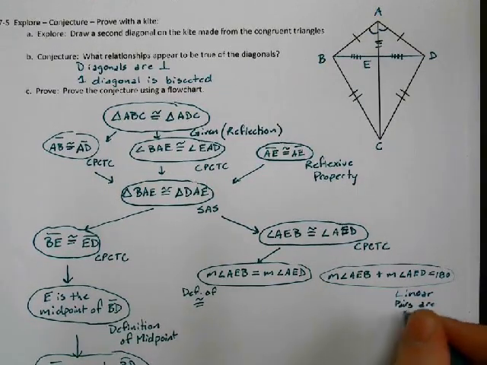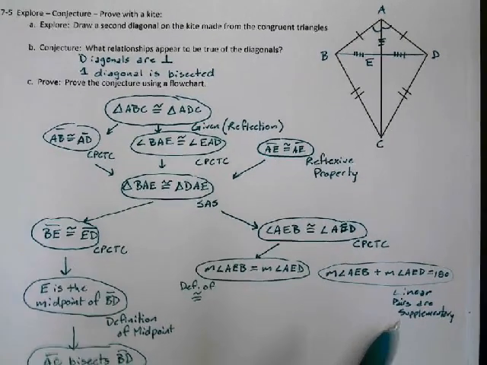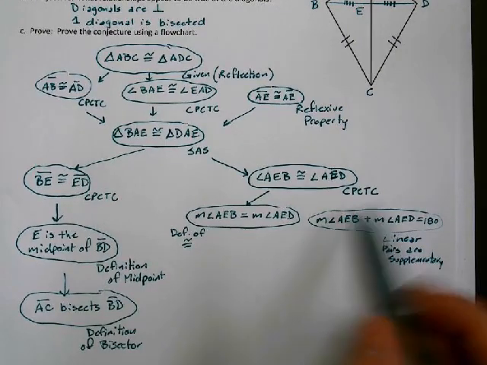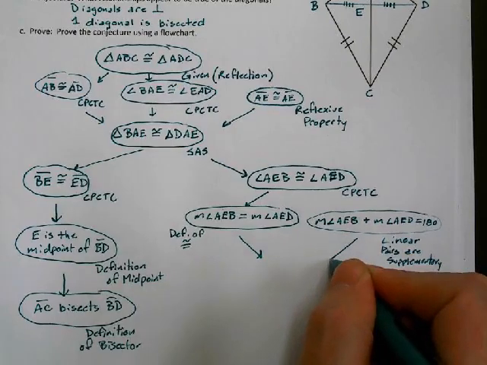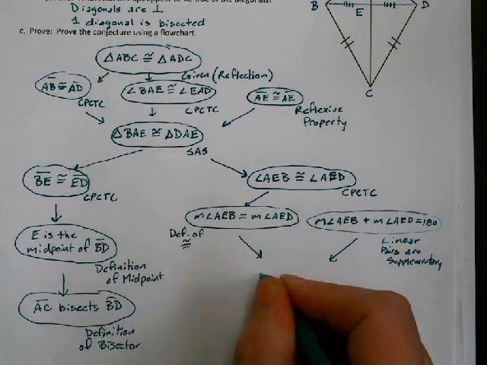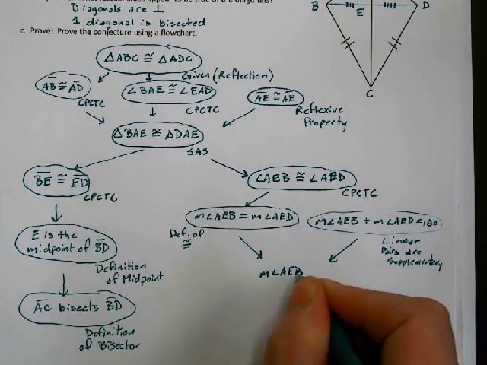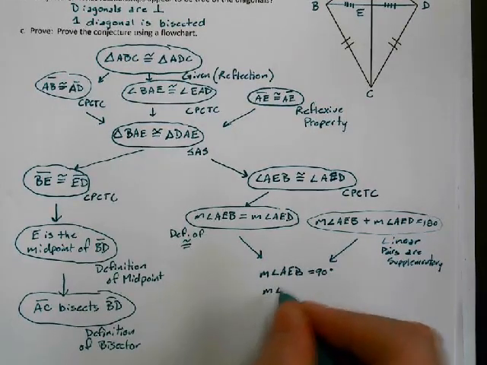Okay, so linear pairs are supplementary. Now look what we can do. We can say that since these are the same, and since they also add up to 180, they must both be 90. We can say that the measurement of angle AEB is 90 degrees, and that the measurement of angle AED is 90 degrees because of these two statements.